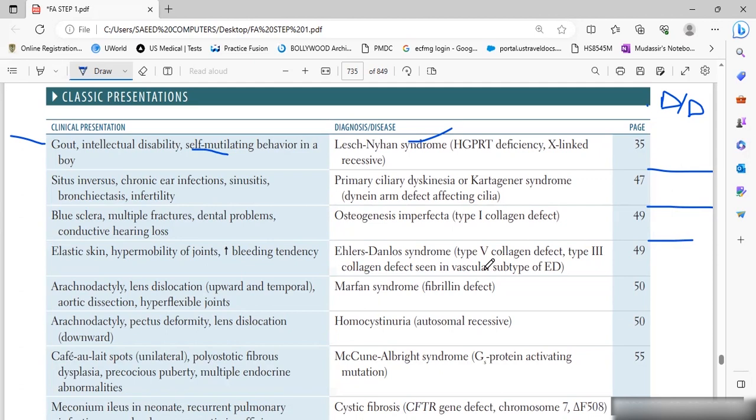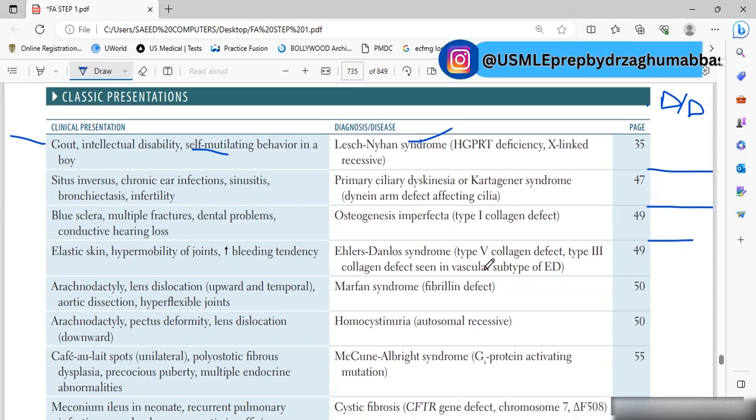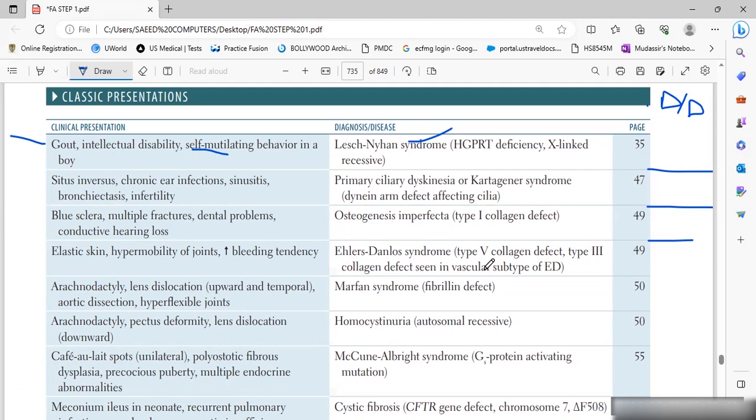That is type 3. What is the differential? It can be Marfan syndrome, in which you can have hypermobile joints. Remember there are seven types of Ehlers-Danlos syndrome: type 3, type 5, classic type, like that.